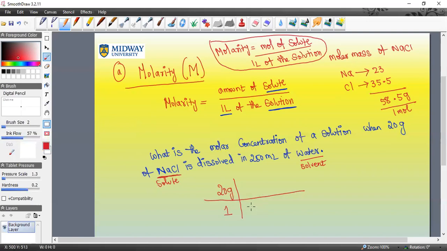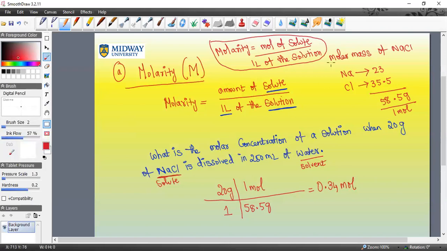That means we just put the 58.5 grams on the bottom and the 1 mole on the top. And what does that give us? Well, that will give us the moles of solute, which would be 20 divided by 58.5. So that'll be 0.34 moles. I'm rounding it off, just 0.34 moles.